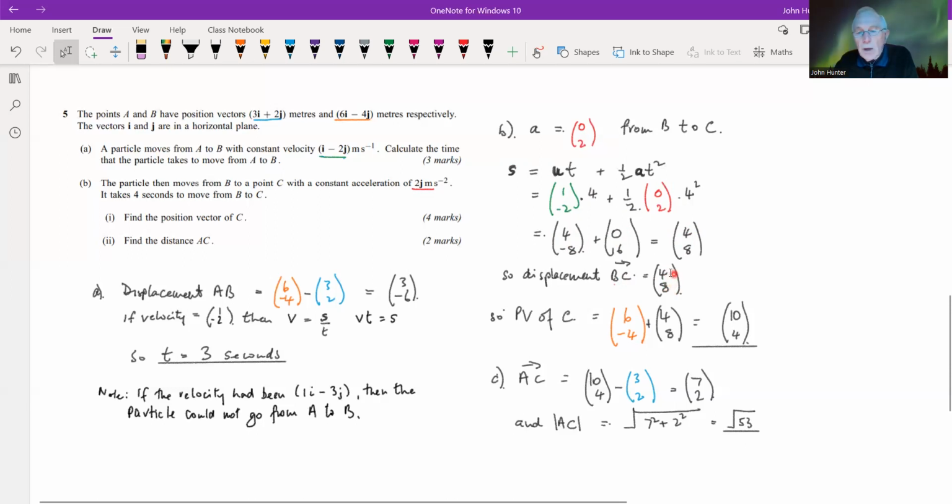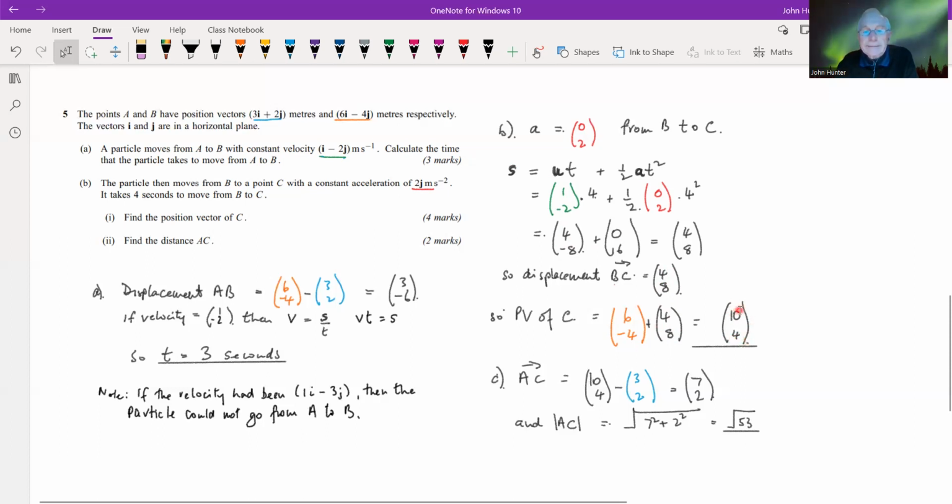Okay, so if we've got the displacement from B to C, and we know the position vector of B, then we can find the position vector of C simply by adding those two together. So that's the position vector of B. This is the displacement in the second phase of travel. So this, therefore, is the position vector of C.